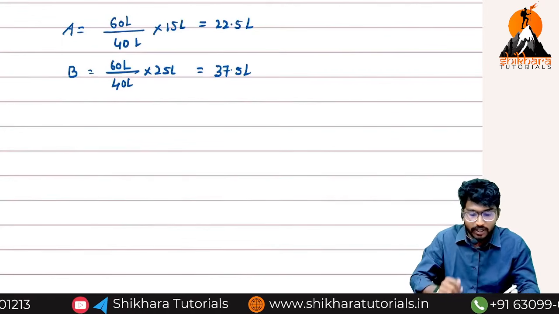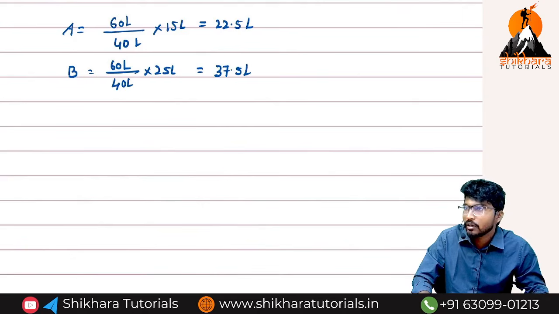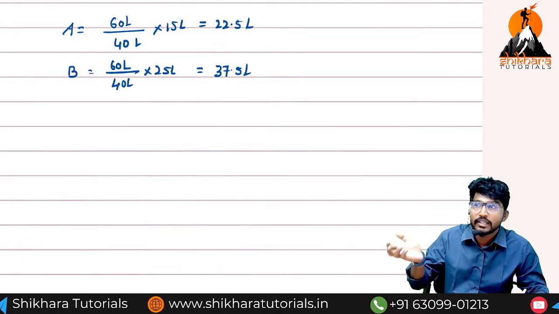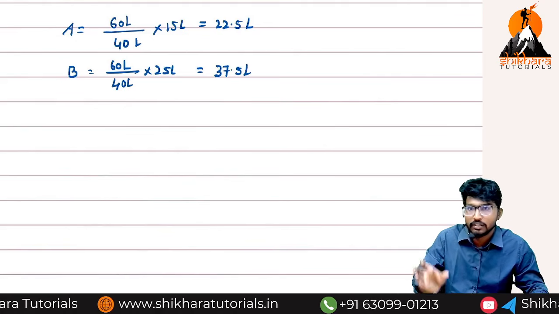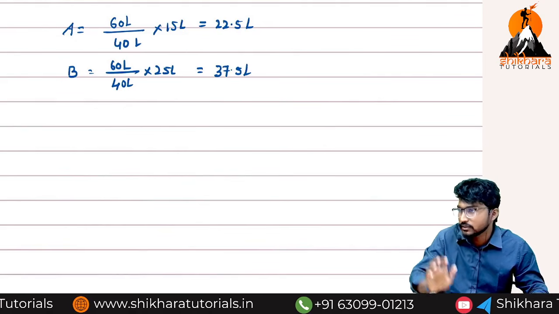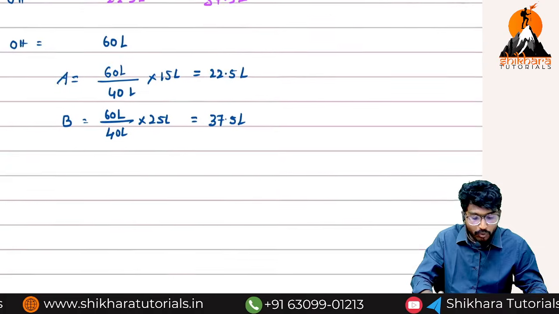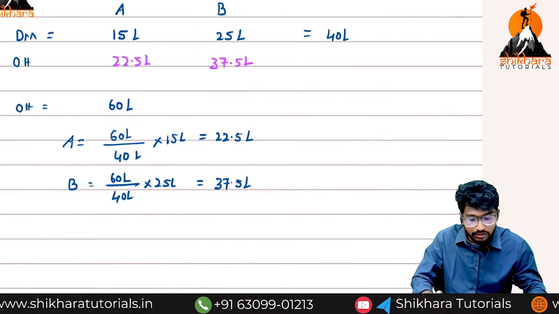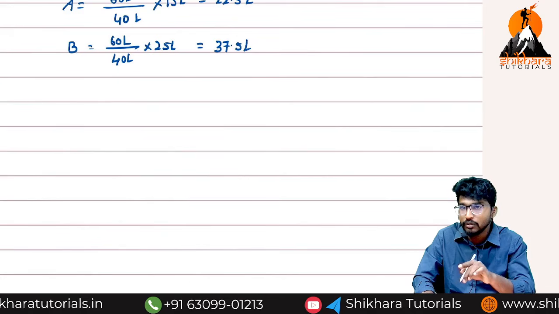In next year what happened, there is some cost reduction. They did some re-engineering work in the industry. Due to that reason, or they collaborated with the suppliers, the material cost of B is decreased to 20 lakhs, from 25 lakhs to 20 lakhs.